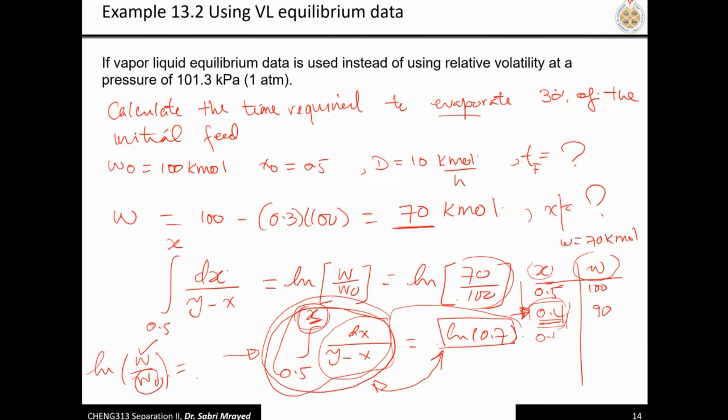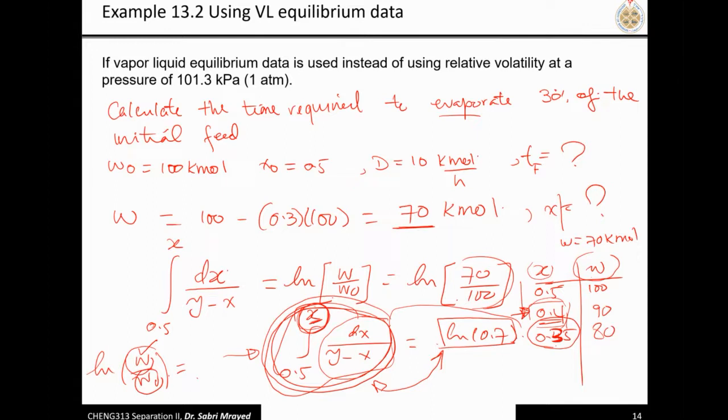So I go another step, say 0.35, let's assume. I use this number and do the integration with the new value of x, and I get W. I check W, and let's assume it was 80.